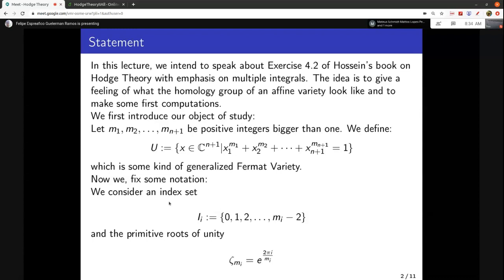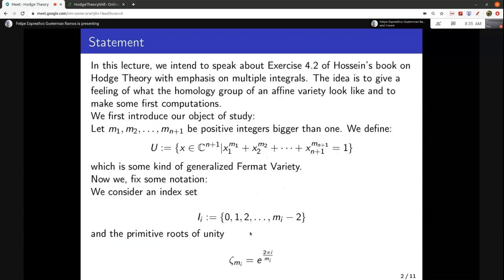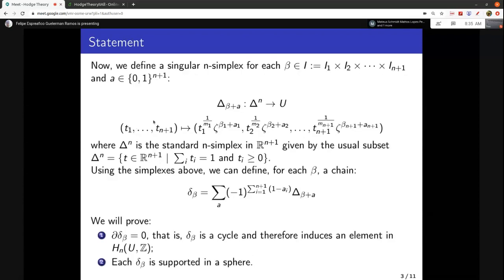Okay, so we can consider this set of indexes, 0 to m_i minus 2, and primitive roots of unity. Considering these indexes and the primitive roots of unity, we can define these simplexes here.